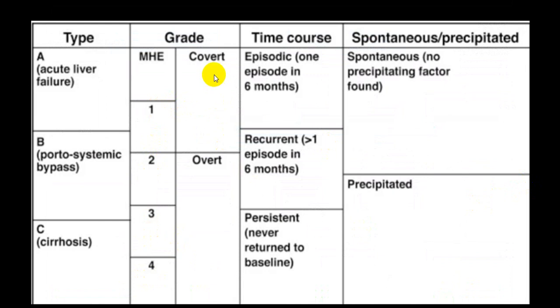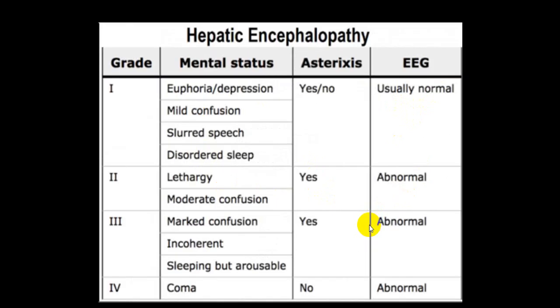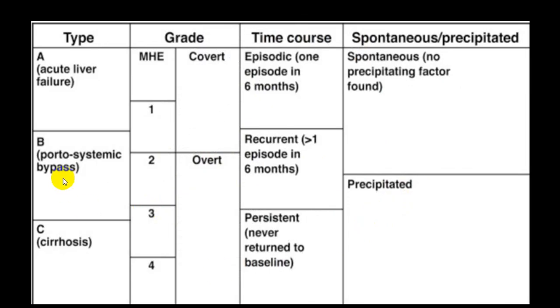You can also divide into covert and overt variety, where you can have a precipitating factor or spontaneous. Spontaneous will be more common in the covert variety, while in the overt variety precipitating factors will be more common, etc.